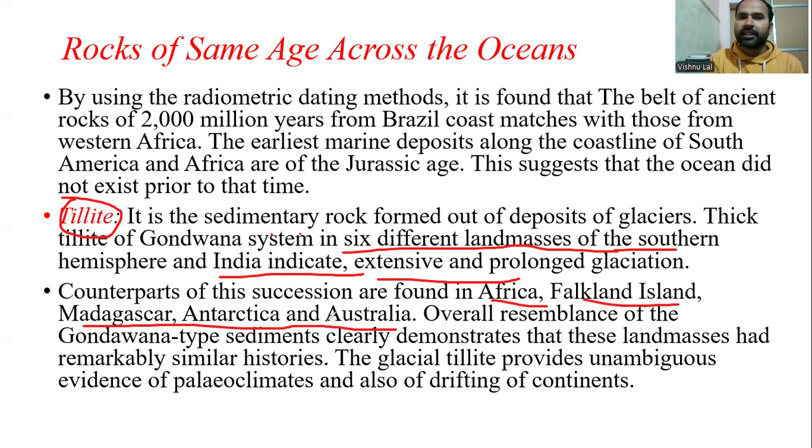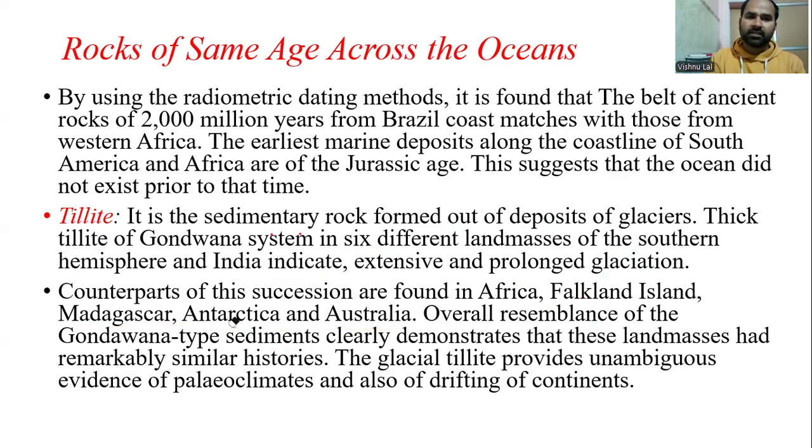So in present time, tillite is found in all these different land masses of the southern hemisphere: Africa, Falkland Islands, Madagascar, Antarctica, and Australia. This can happen when all continents were joined together in their geological past.